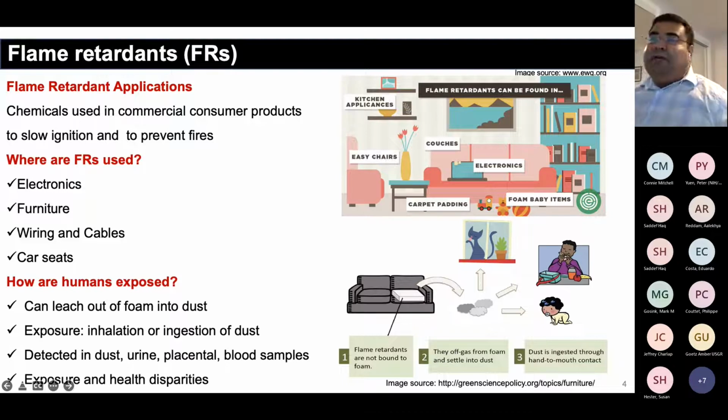In fact, measurable levels of a number of different flame retardants have been detected within human biosamples. Flame retardants can also create exposure disparities, and studies have shown that people of color and low-income communities who may not be able to buy new furniture or cars can be chronically exposed to high flame retardant levels that are leaching out from these older products.